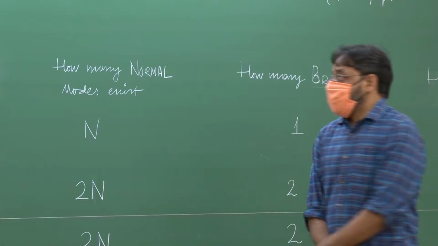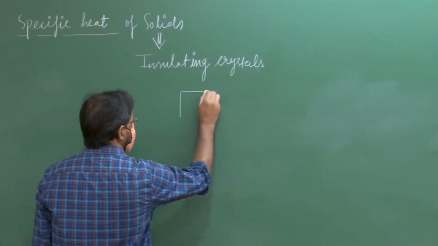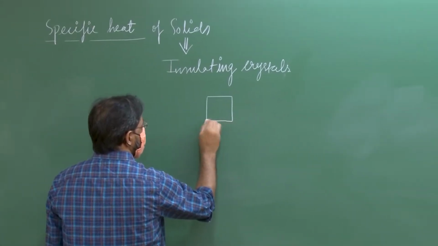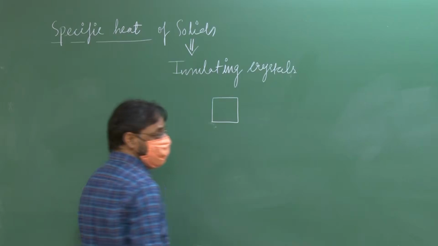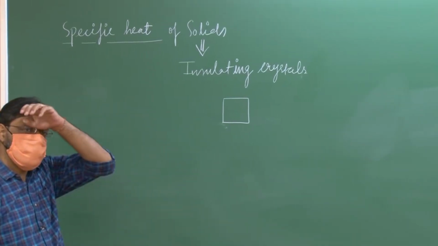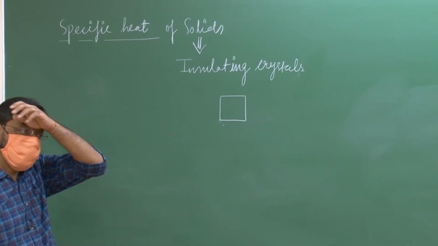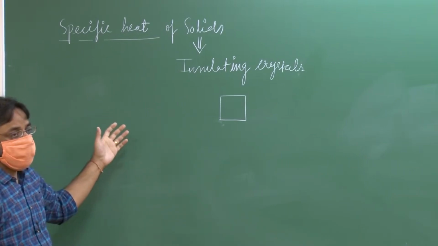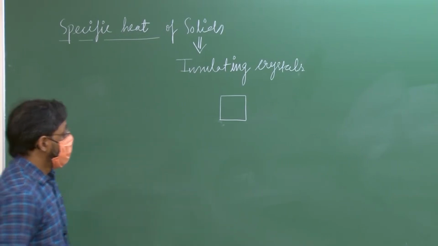Right? So now, when you are performing this experiment, imagine you are in a lab and you want to measure the specific heat of a solid. What would you do?